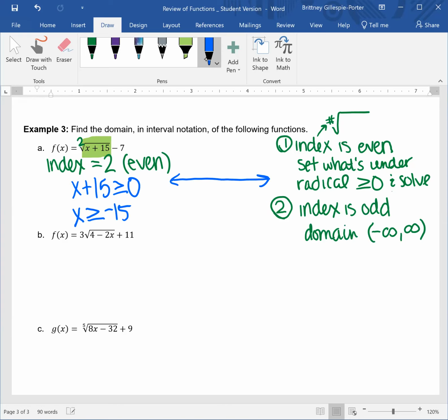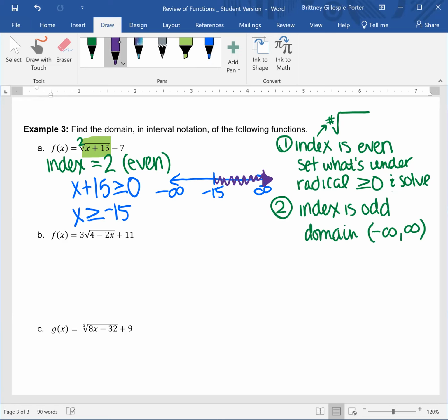And we discussed in previous lessons that we could always do our number lines and sketch it to figure out our interval notation. We need to be bigger than negative 15, which means we're going to the positive infinities.